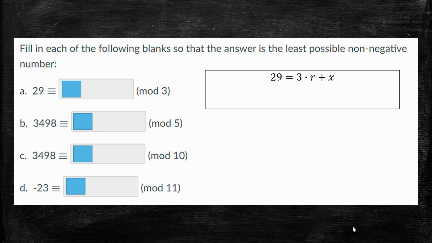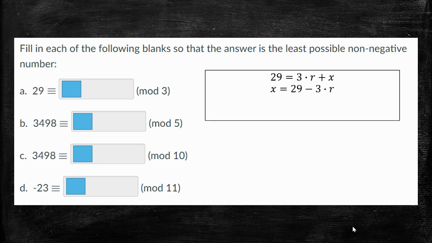Algebraically, we can say that like this. 29 is 3 times some multiple plus a remainder of x. And so if we rearrange that, we can say x is 29 minus 3 times some number r.